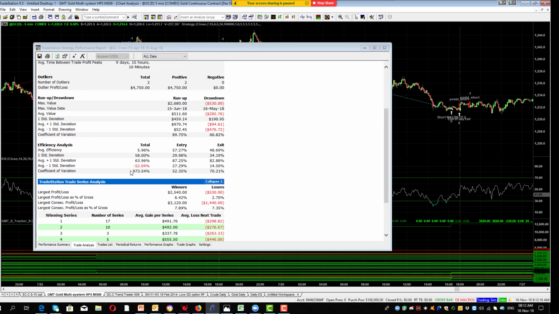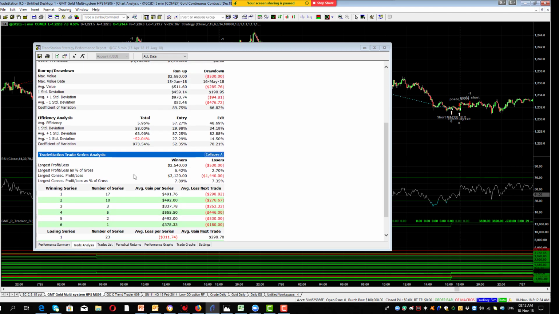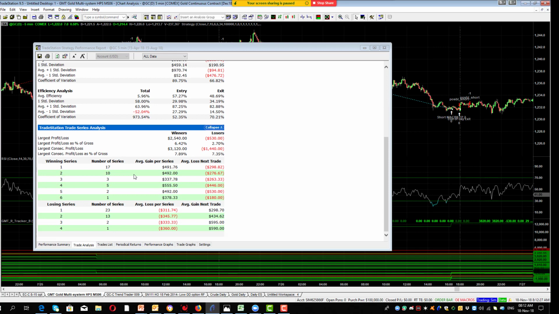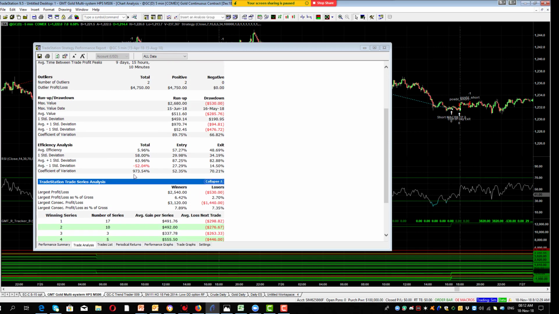So those outliers are trades that are anomalies to the standard or the norm that you're getting. So you want to basically keep a little bit of an eye on that as well.